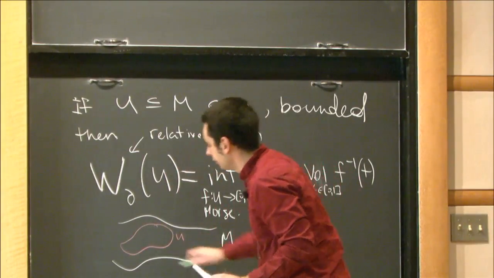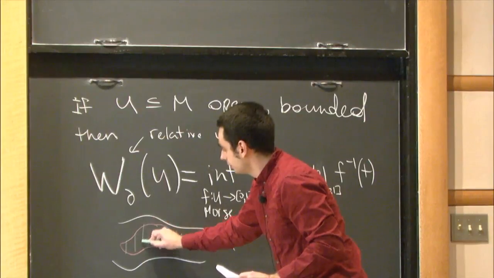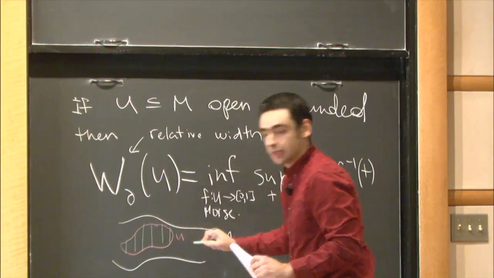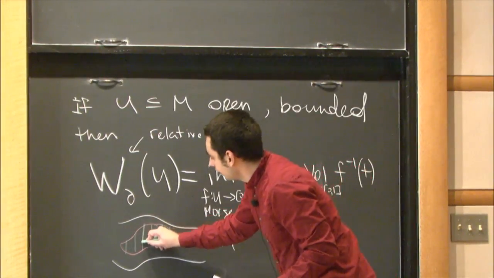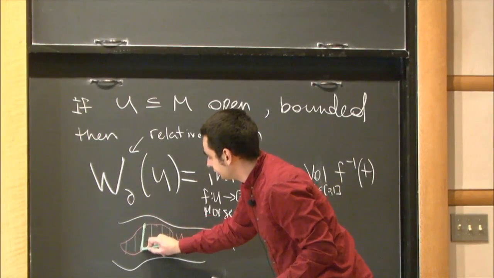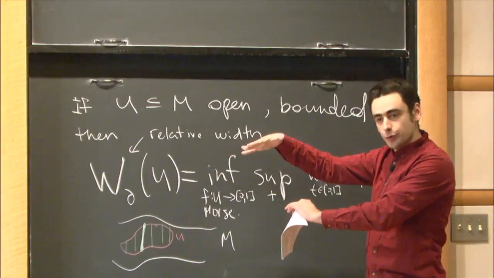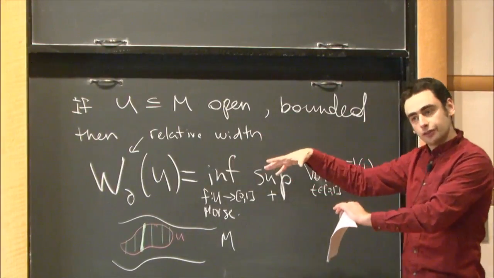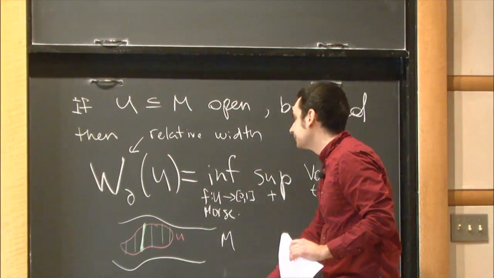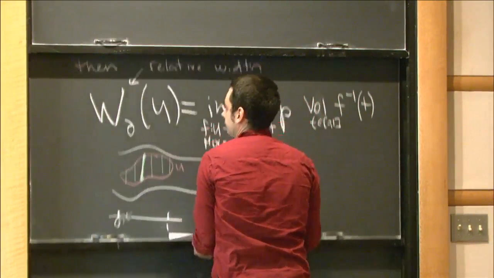So the fibers will look something like this. And then you pick the fiber of the largest volume and you minimize. So it's some measure of width or waist or thickness of your space, of your subset.